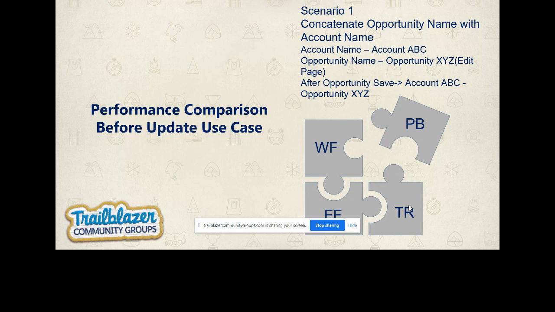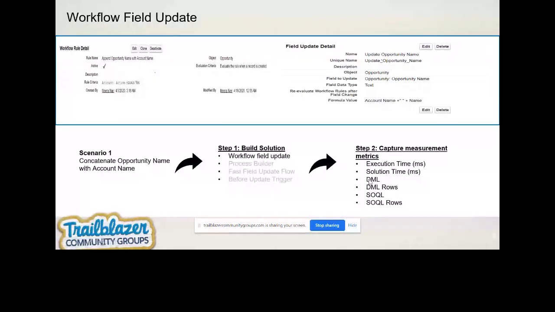I am capturing the total execution time, which is the time taken to complete my current transaction. Then the solution time, which is just the time taken to execute this particular field update. Then the number of DML statements executed as part of the current transaction and the total SOQL queries. These are the different metrics I captured while executing each of these solutions.